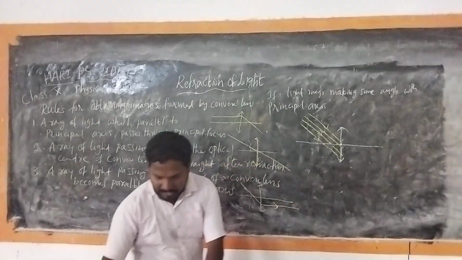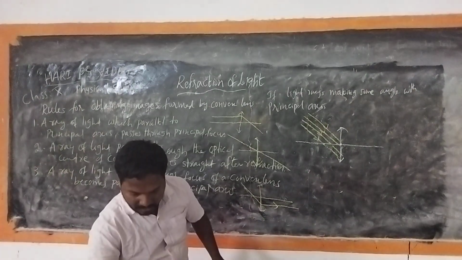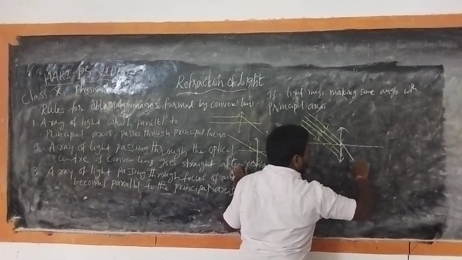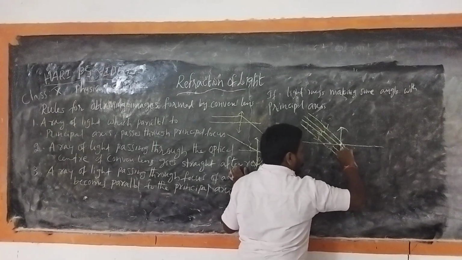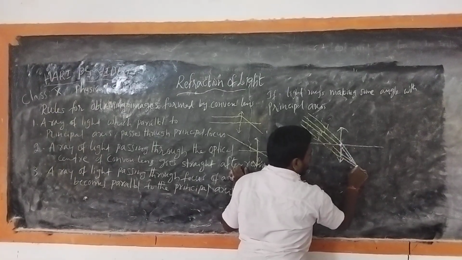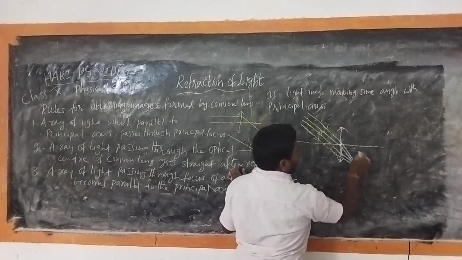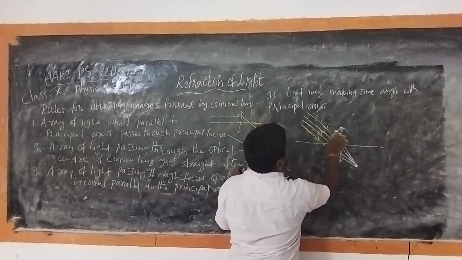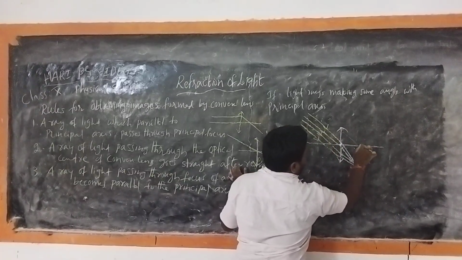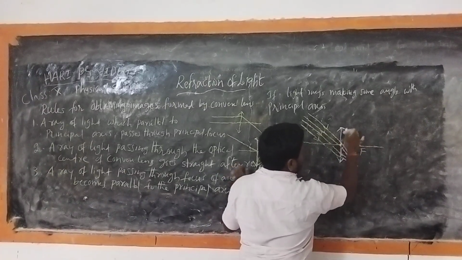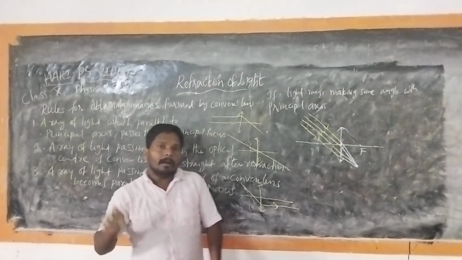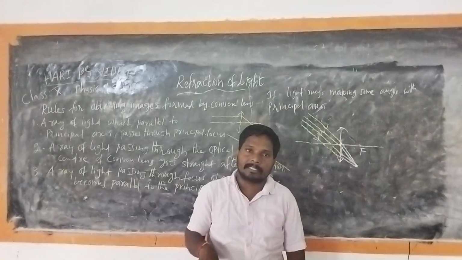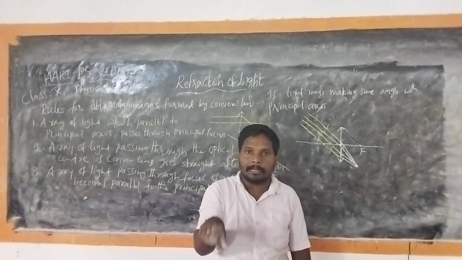All the refracted rays are converged at a plane. Imagine that a parallel beam of light rays is incident, making some angle with the principal axis.